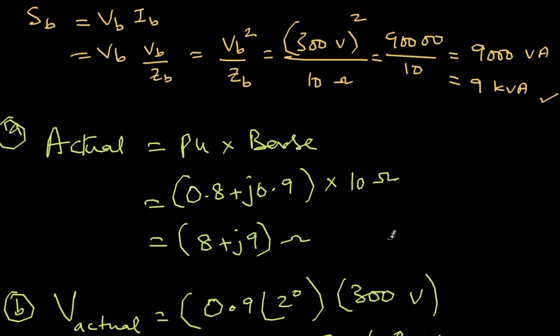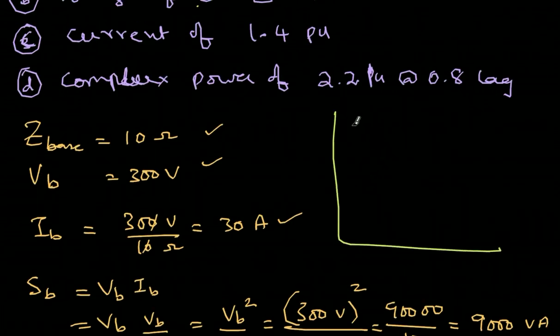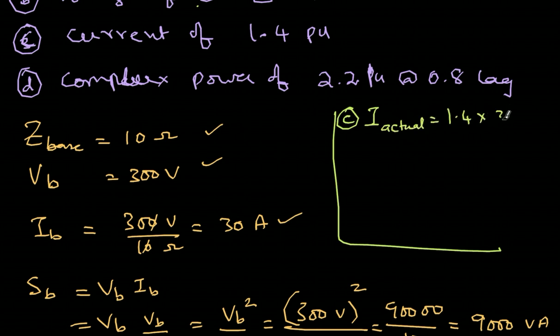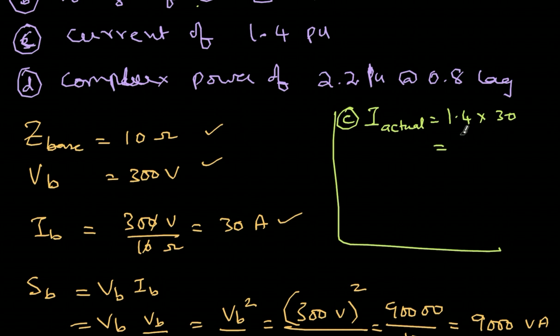So the C part, what is the base current? 30 amperes I am getting. So I actual equals 1.4 into 30, you get 42 amperes. And then complex power of 2.2 per unit at 0.8 lag.